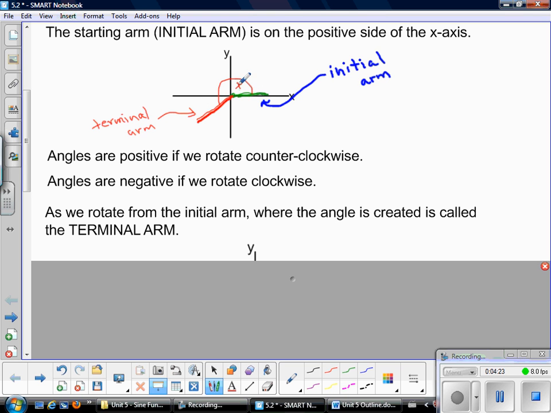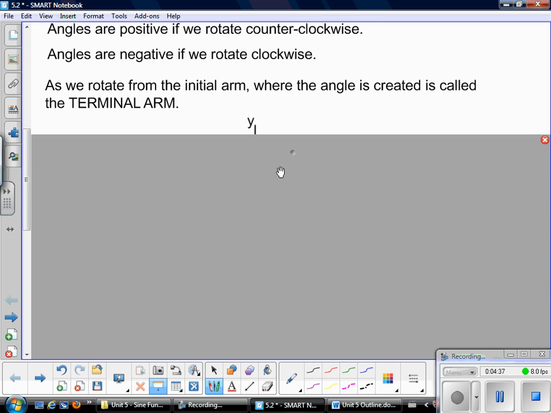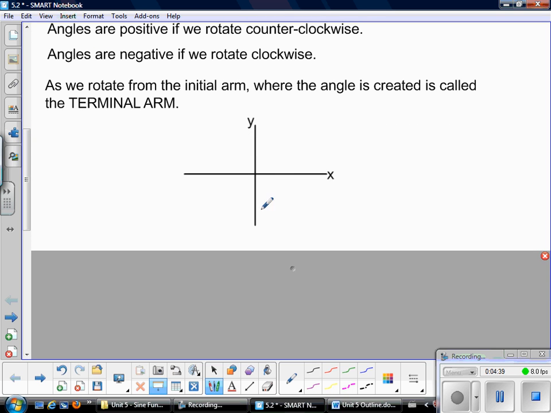What's created here is our theta. Obviously this is not an acute angle anymore. It's actually reflex, not that that matters as far as the name goes. So I start here, I rotate around to wherever I want to stop, and this becomes my terminal arm here. And this here is my theta.